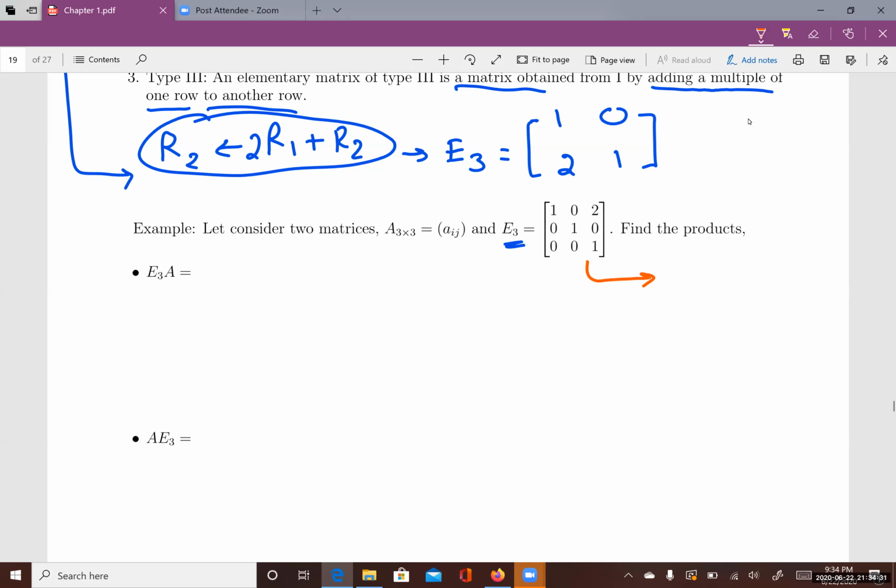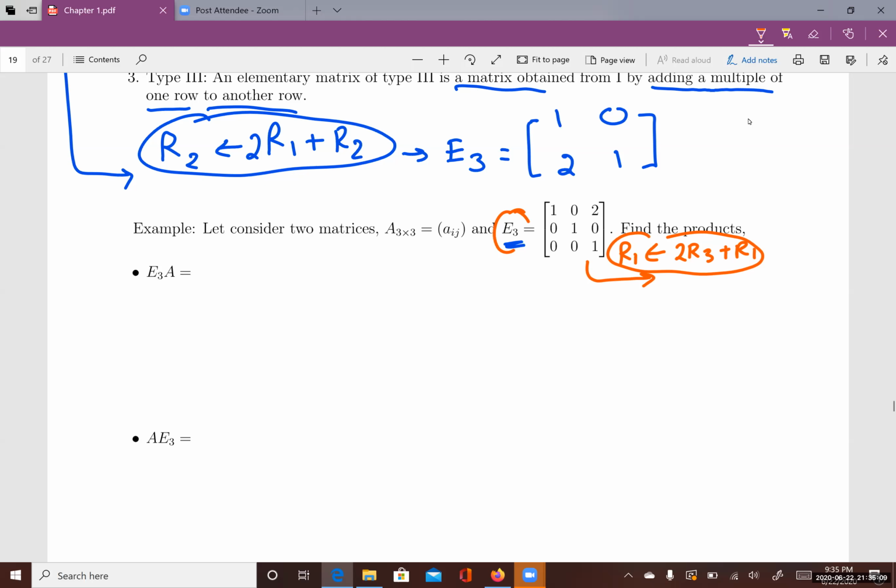Rows 2 and 3 stay the same, and row 1 changes: row 1 equals 2 row 3 plus row 1. Do you agree? 2 times 0 plus 1 is 1, 2 times 0 plus 0 is 0, and 2 times 1 plus 0 is 2. This is the row operation that I use on a 3 by 3 identity matrix to get this elementary matrix.